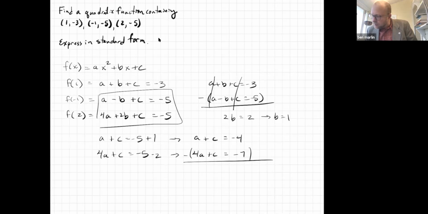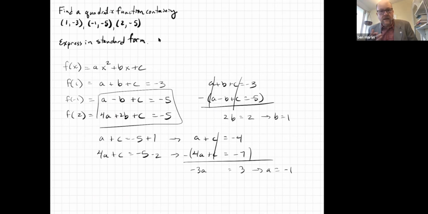But when we do that, we'll get minus 3a. We will get rid of our c's, and we will get, oh gosh, I'm having trouble doing that in my head. Minus 4 plus 7 is positive 3. So that means that we found out that our a has to be equal to negative 1.